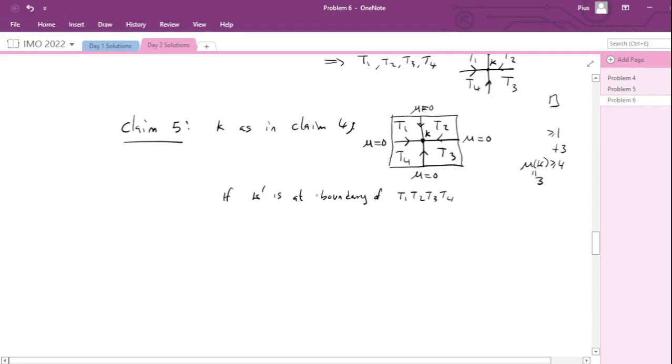So if you have a K prime at the boundary such that the accumulation at K prime is bigger than 0, then you must have that K prime is a peak of one of these squares.